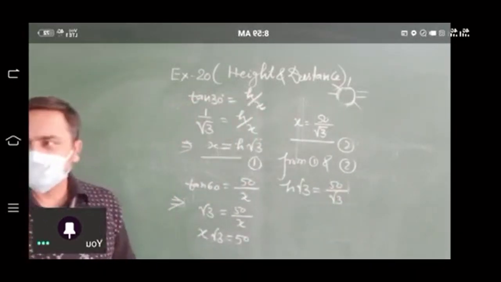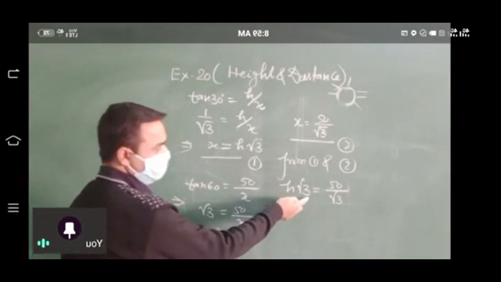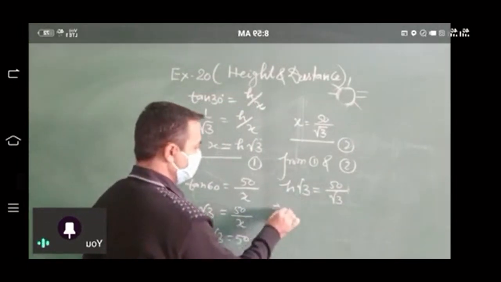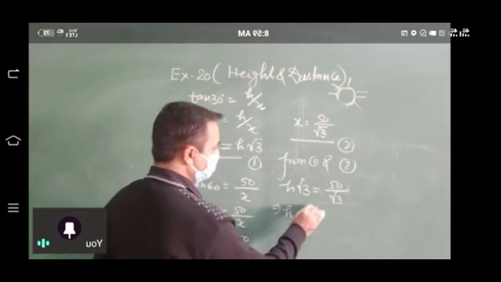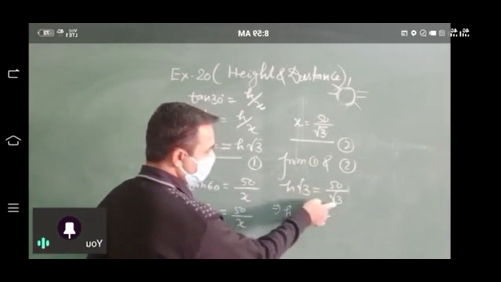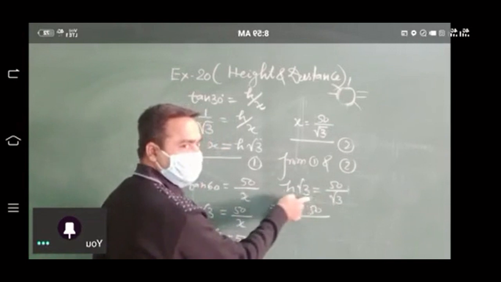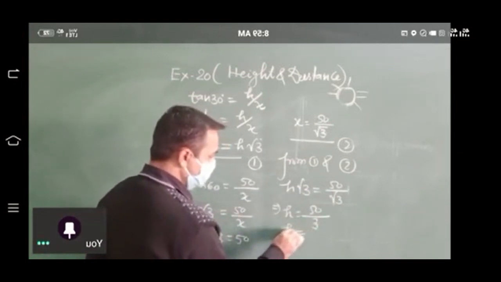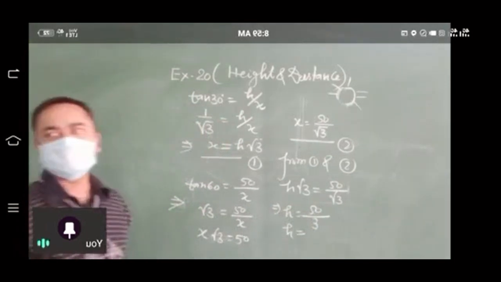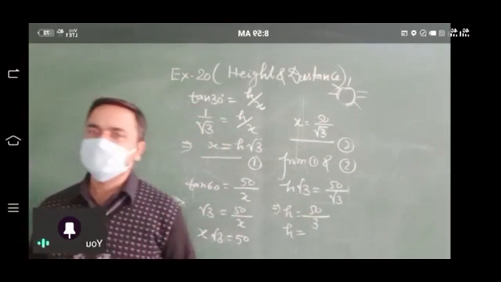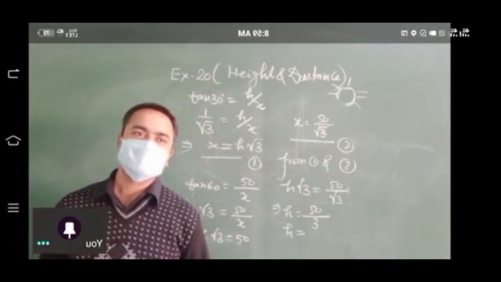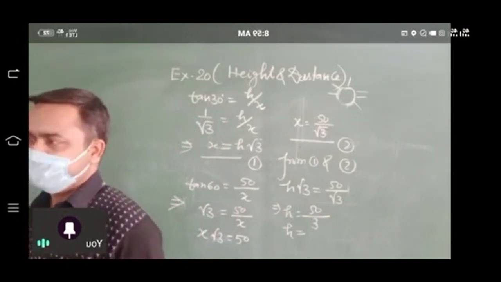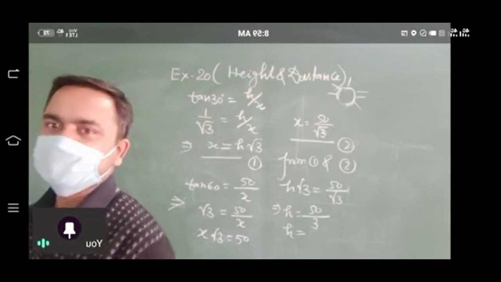Do the cross multiply to the denominator. Then h equals 50 divided by under root 3 into under root 3. How much? 3. Now just divide 50 by 3 in terms of decimal, but you have to take the approximate value in meter. Now tell me, what is the exact value?